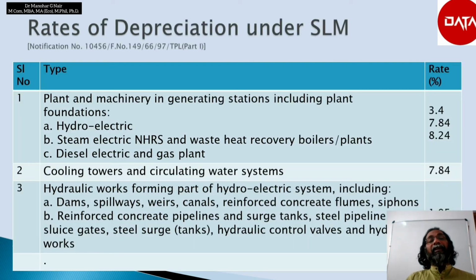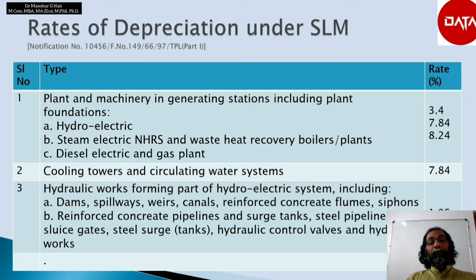As per the notification, the rate of depreciation for plant and machinery in generating stations including plant foundation, hydroelectric, is 3.4. Steam electric, NHRS, and waste heat recovery boilers or plants, it is 7.84. And diesel electric and gas plant, it is 8.24. Cooling and circulating water system, it is 7.84.